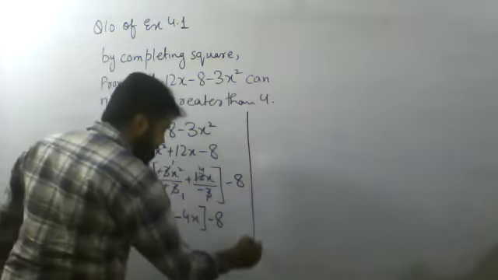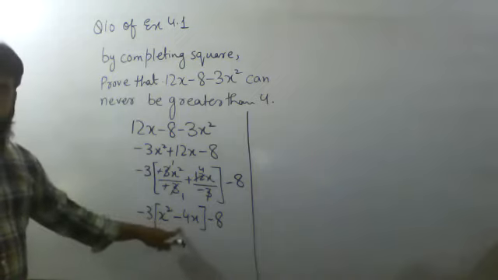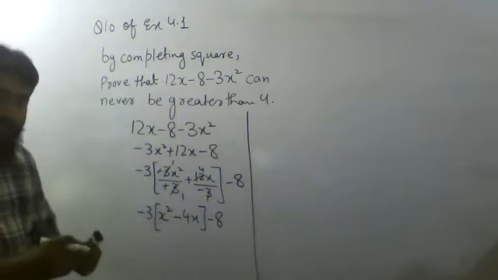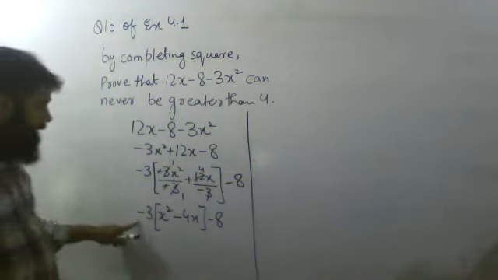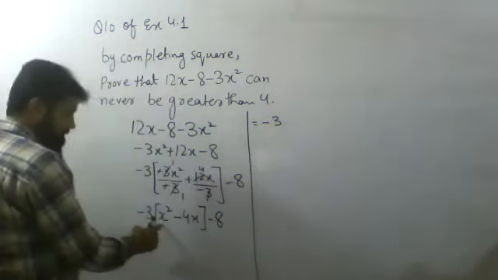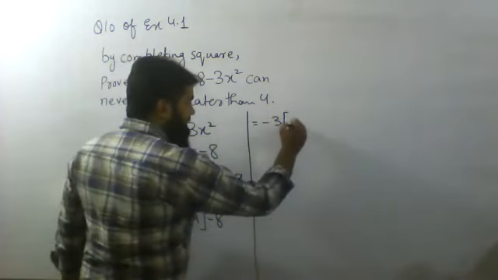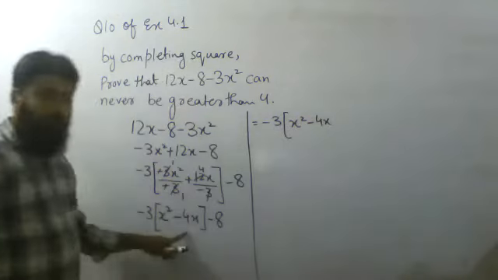Now, in this one, I have to change it so I can write it in identity form. Minus 3, x square minus 4x, this thing will be written as it is.